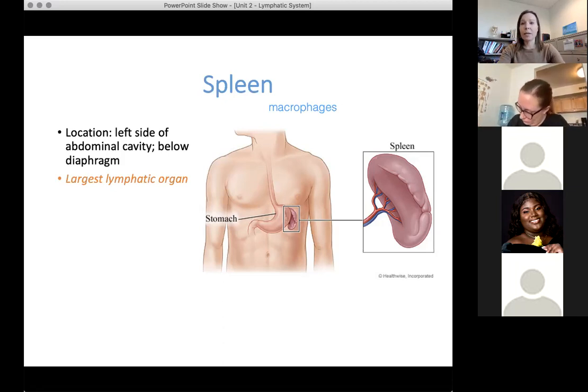Number one, it removes old or defective, so like non-functioning blood cells from the blood. And also removes any foreign material from blood.